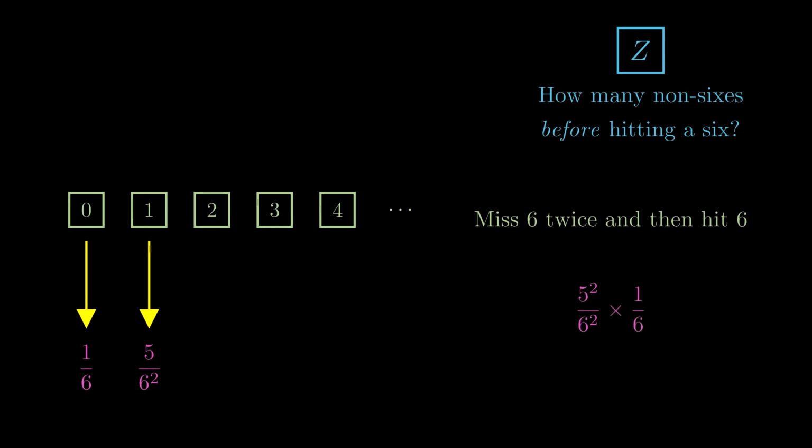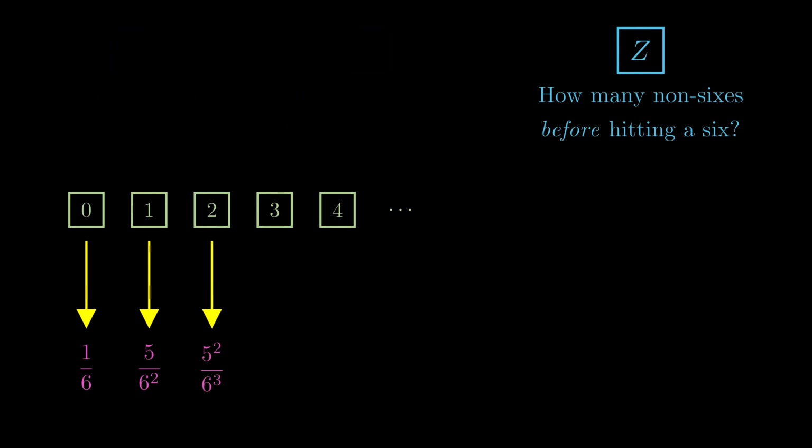When we multiply those, we can write this as 5 squared out of 6 cubed. Hopefully you can see why we're writing it this way, because the pattern is going to continue. The next one's going to be 5 cubed over 6 to the 4, then 5 to the 4 over 6 to the 5, and so on.